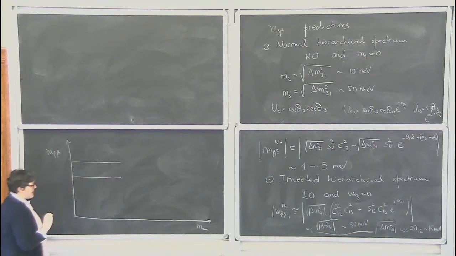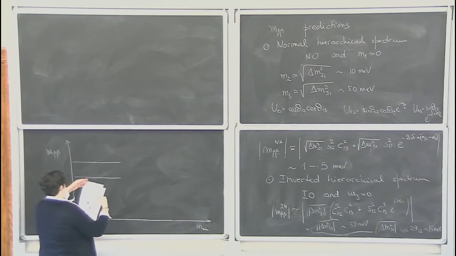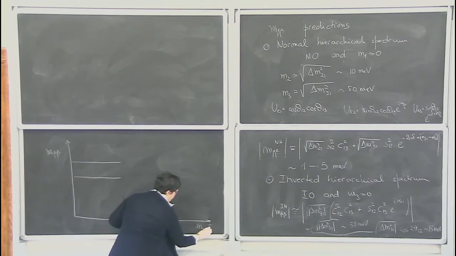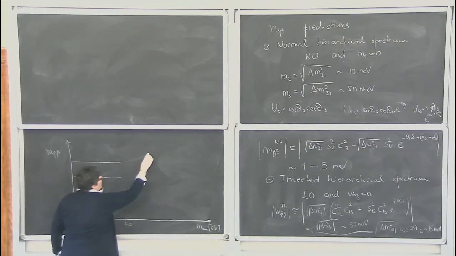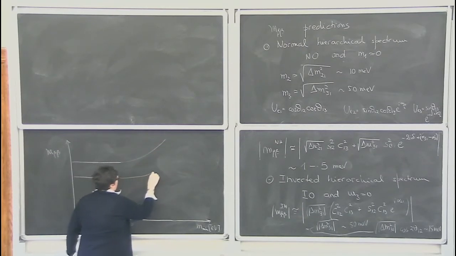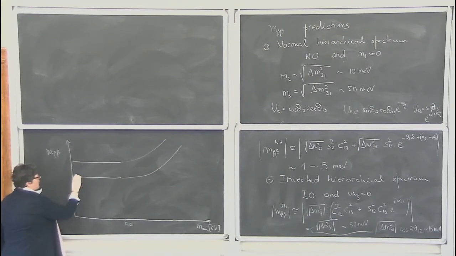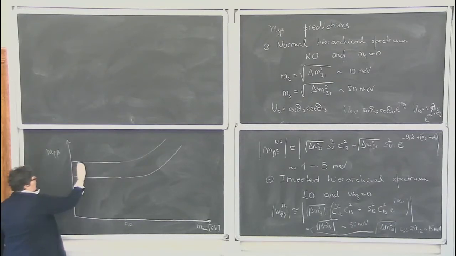You will have a band here, and this is true till around, let me see, 0.01 or so eV. And then as the masses increase, then you go into the quasi-degenerate spectrum, which has a similar structure like that. The extremes are obtained when you have CP conservation, when your phases are either 0 or pi. And for CP violation, you will be in between here.